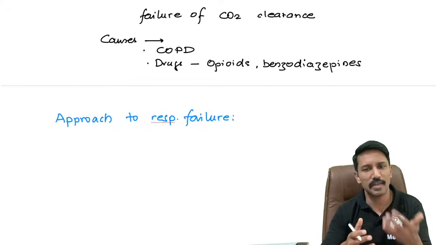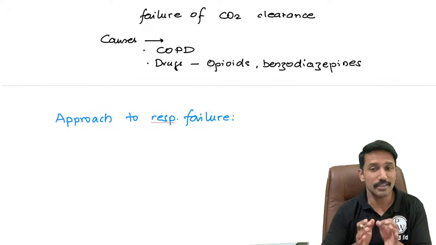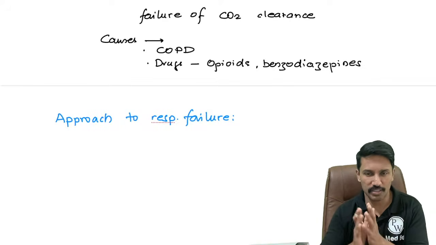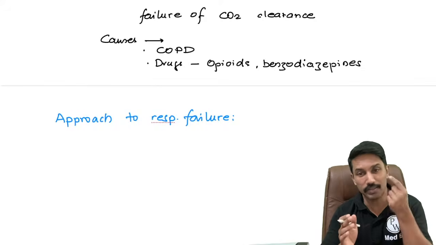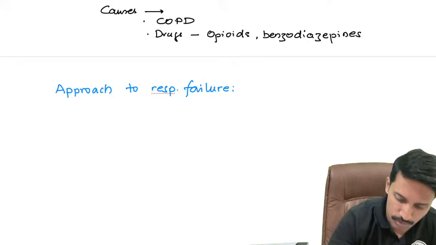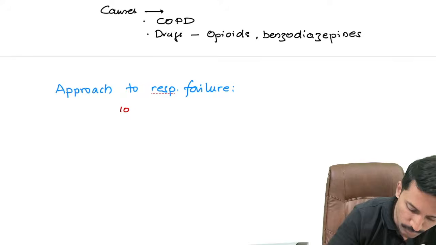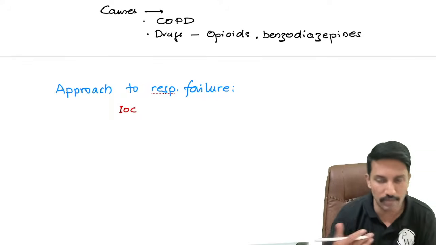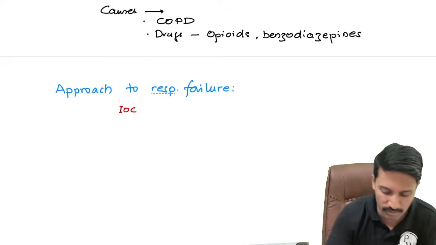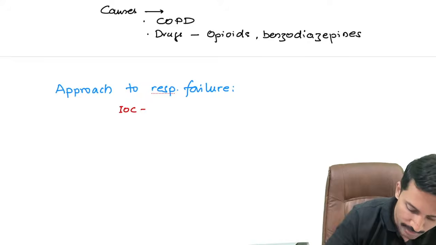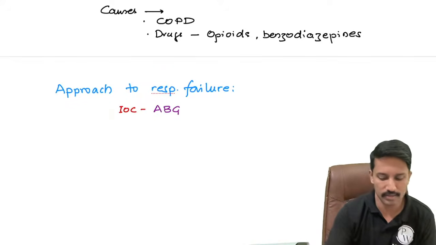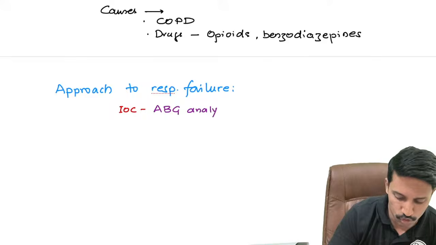No. Pulse oximetry can be used for screening purposes, but it is neither very sensitive nor specific. There are a lot of factors that influence even the device quality. So the investigation of choice, if you are suspecting that someone is not able to oxygenate well or not able to clear the carbon dioxide, is ABG, arterial blood gas analysis. ABG analysis is the investigation of choice.